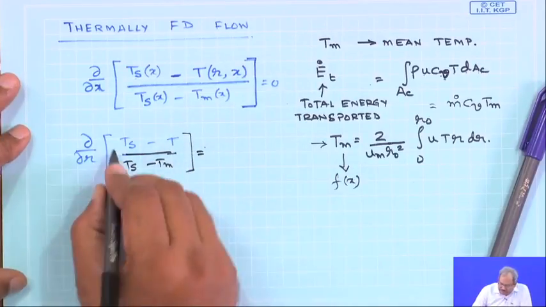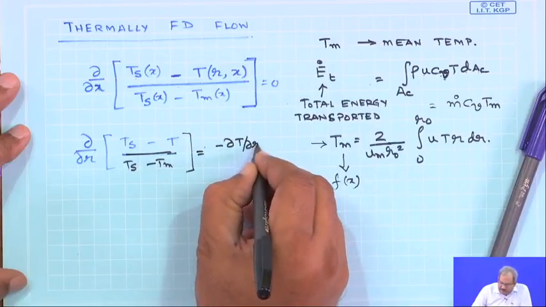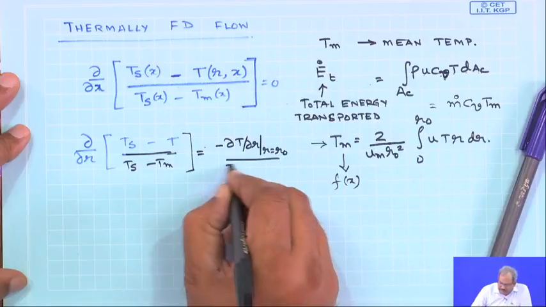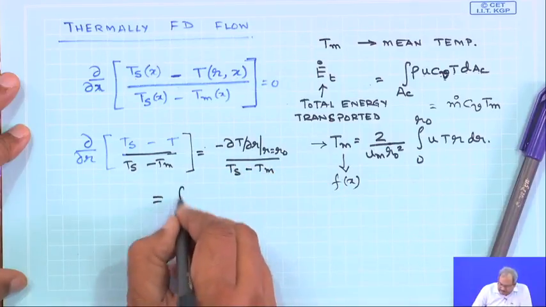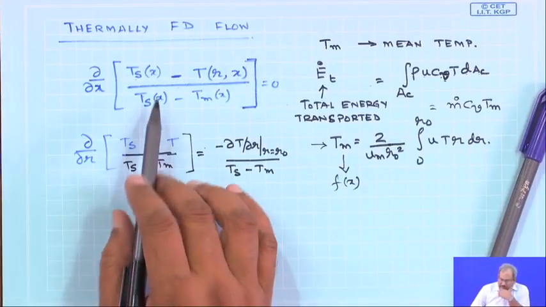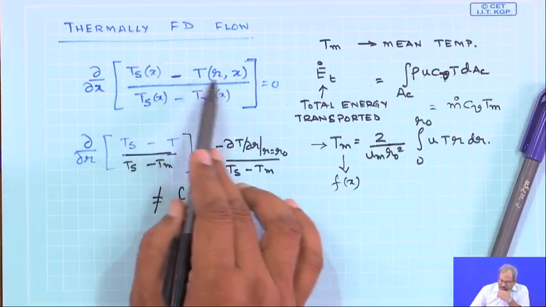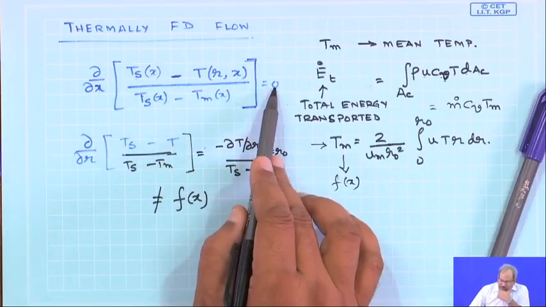This obviously can be expressed as minus del T by del r at r equals r 0 by T s minus T m. This cannot be a function of x. The x derivative of this ratio is equal to 0.